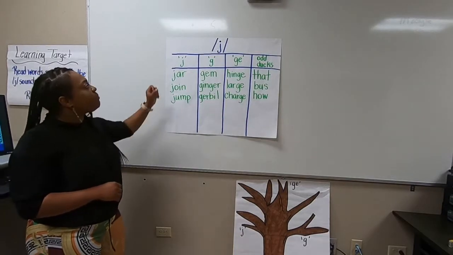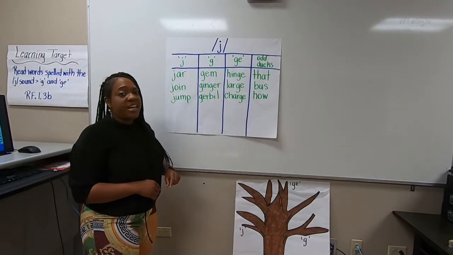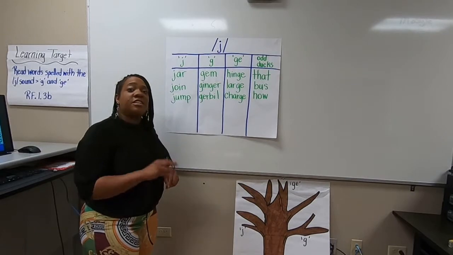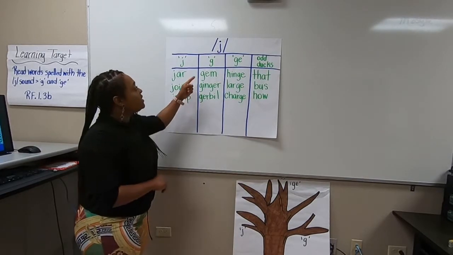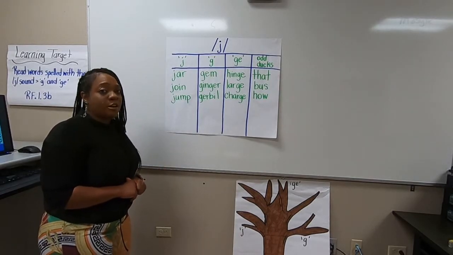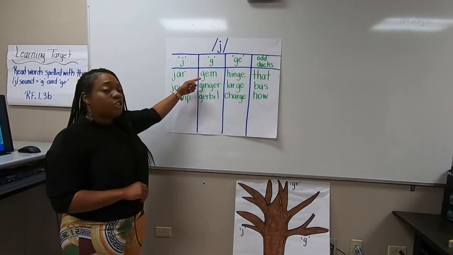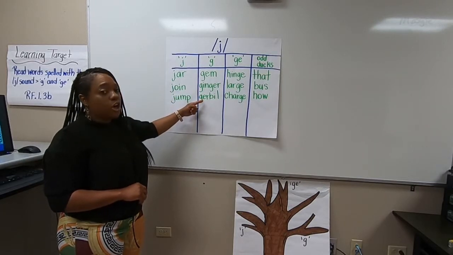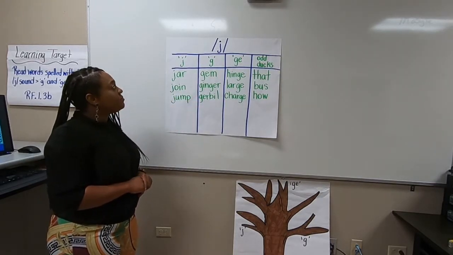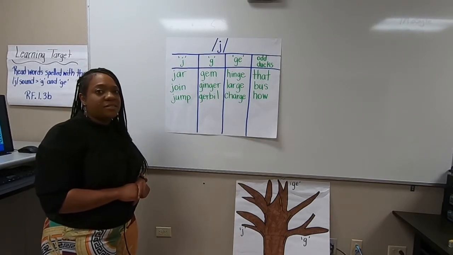We sure did. Let's look at letter G. And letter G, the soft G sound says J. So let's look at our words under our letter G column. We have gem, ginger, gerbil. Did we do a great job, guys?